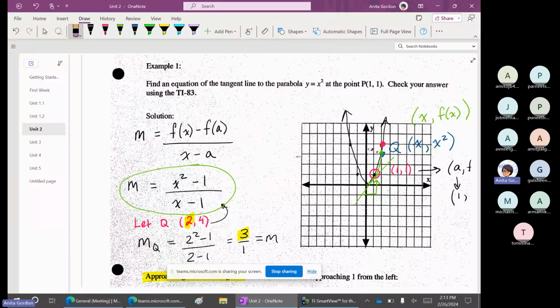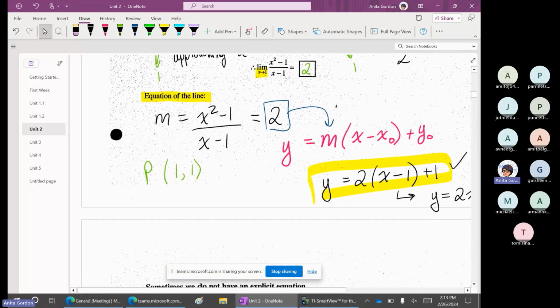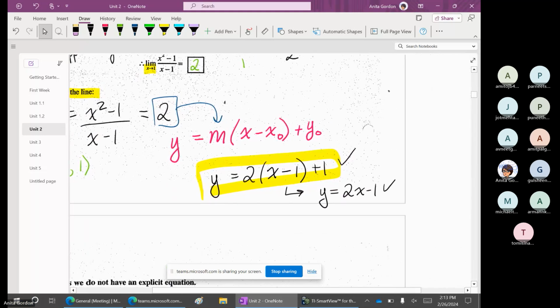I saw another hand. Why can't we just use a tangent line? Pardon me? Why can't we just use a tangent line instead of using 2 points? Because how do you know what the slope of the tangent line is? By using the graph. So by using observation. Yeah, but your pencil and your ruler are thick and your eyes are inaccurate.